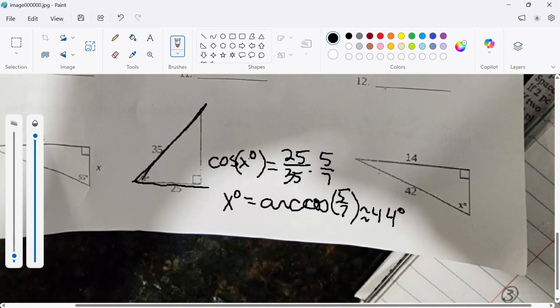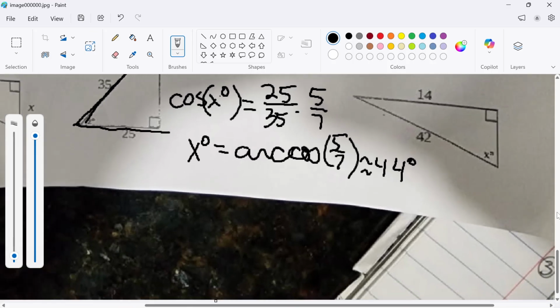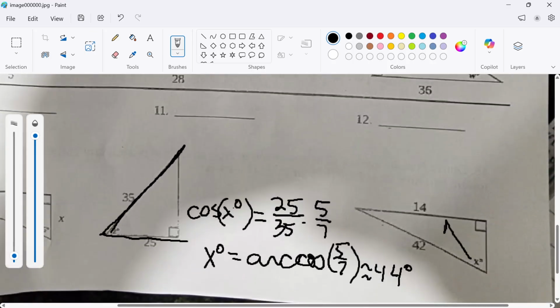Okay, this one, what do I have? I have opposite and hypotenuse. So I'm going to do sine of x degrees equals opposite over hypotenuse. That's going to be 14 over 42. 14 goes into 14 once, into 42 3 times.